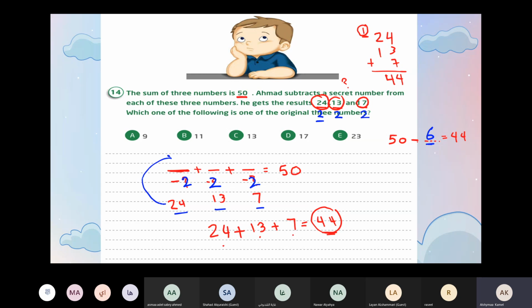I want to know the original number, so I will add 2. 24 plus 2 equals 26. 13 plus 2 equals 15. 7 plus 2 is 9. Which one of these three original numbers is in the choices? 9. So we choose choice A.